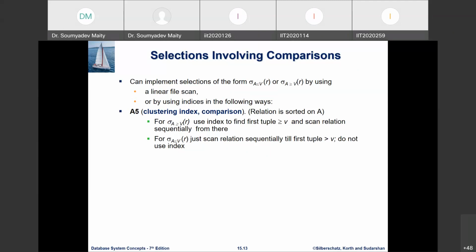You do not need any index at all, or the index cannot give you any extra advantage.